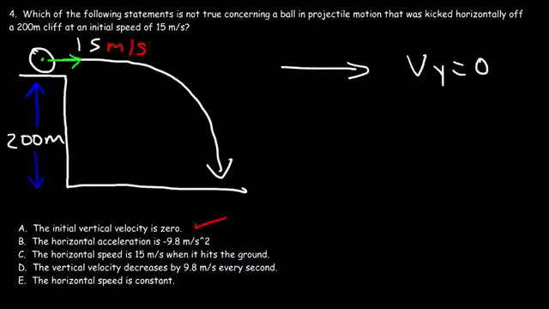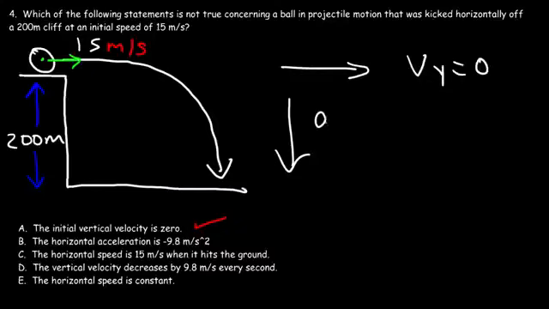Now what about E? The horizontal speed is constant. Is that true or false? And what about B? The horizontal acceleration is negative 9.8 meters per second squared. Now, whenever you have an object that's moving in projectile motion, by definition, the only force acting on the object is gravity. So there's no air resistance, nothing else. So therefore, gravity only acts in the y direction.